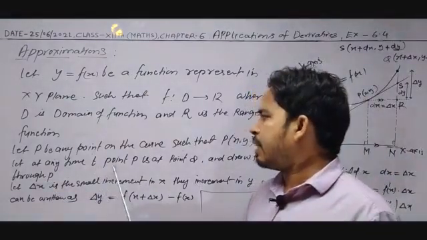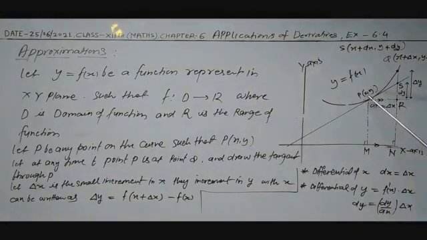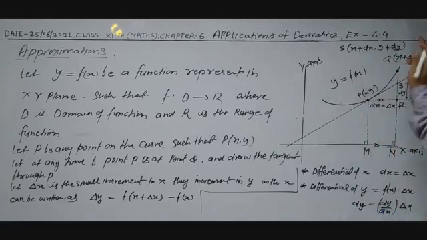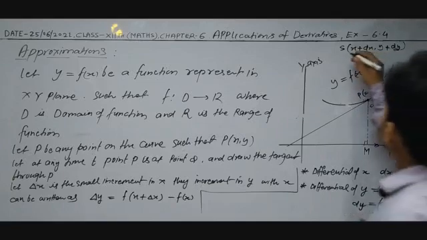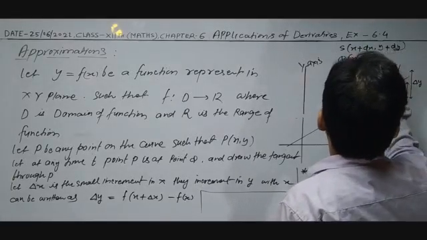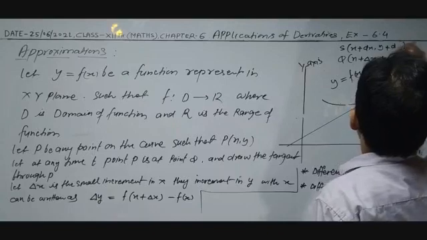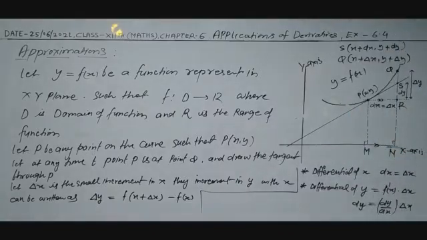Let at any time t the point P be at Q, the position of point P reaching Q after t time, such that the Q coordinates are x plus del x and y plus del y, and draw the tangent through P. So this is the tangent.